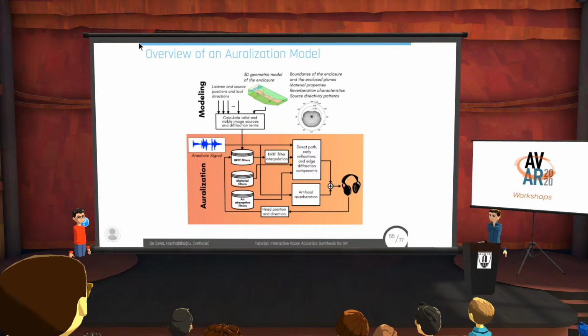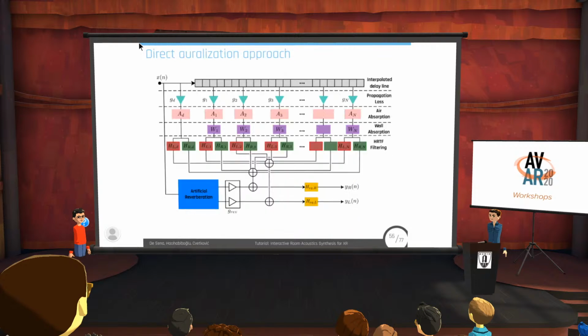And as with any interactive audio system, you need to care about the head position and direction. So more specifically, what we might call the direct auralization approach comprises an interpolated delay line for obtaining delayed copies of the input anechoic signal that would correspond to early reflections to be simulated.